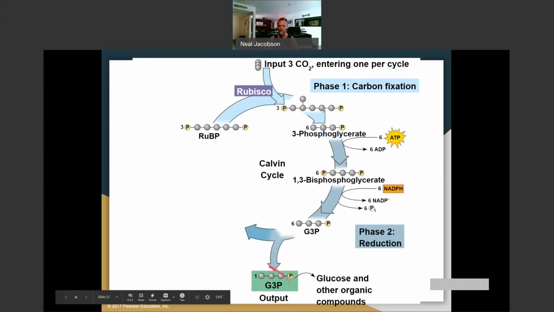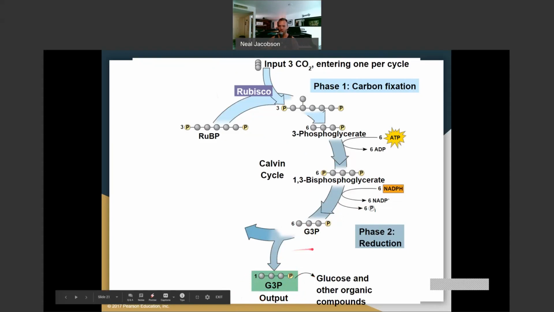If we have 2 of these G3Ps, we can use isomerase to isomerize one into DHAP, dihydroxyacetone phosphate, and then join those 2 together and make fructose 1,6-bisphosphate, isomerize that into glucose 6-phosphate, and then remove the phosphate with a kinase, and now you have glucose. So we can actually take this molecule and build a sugar out of it.